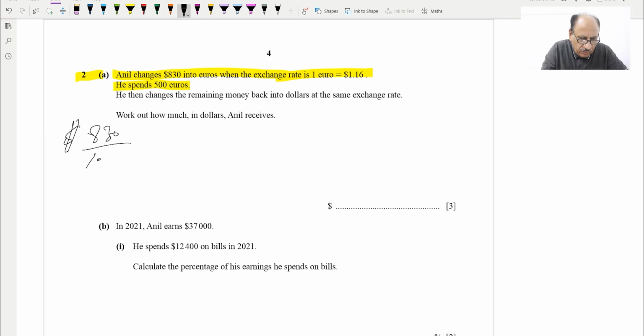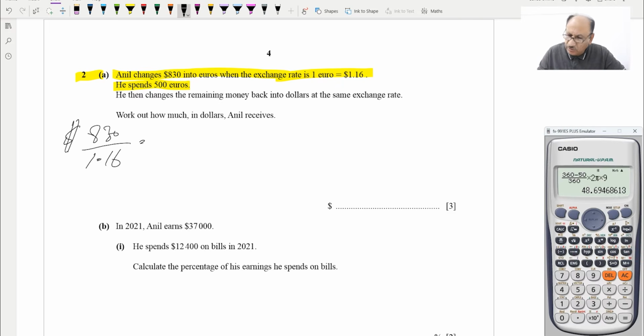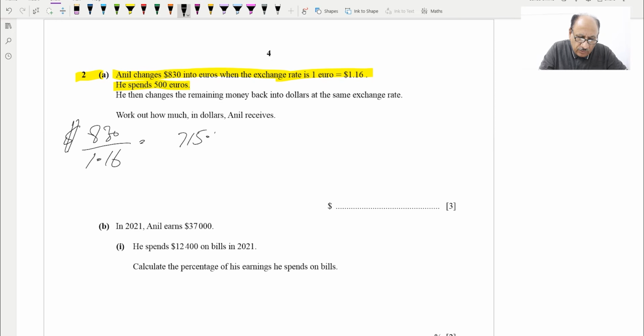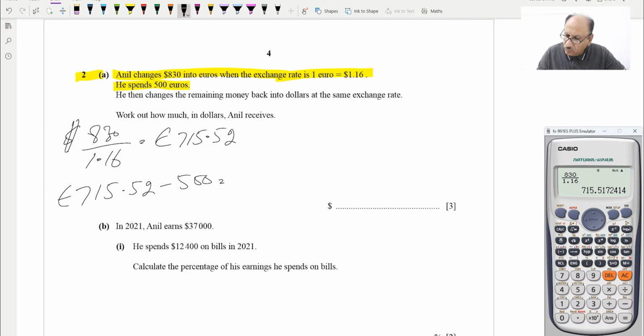This will be divided by 1.16, and this will give us euros. 830 divided by 1.16 results in 715.52 euros. Then he spends 500, so 715.52 euros minus 500 euros results in 215.52.